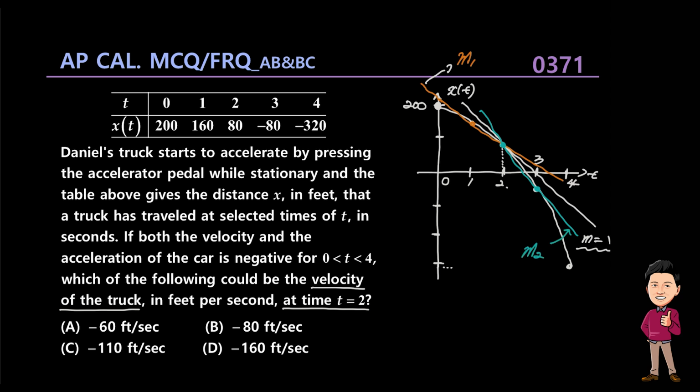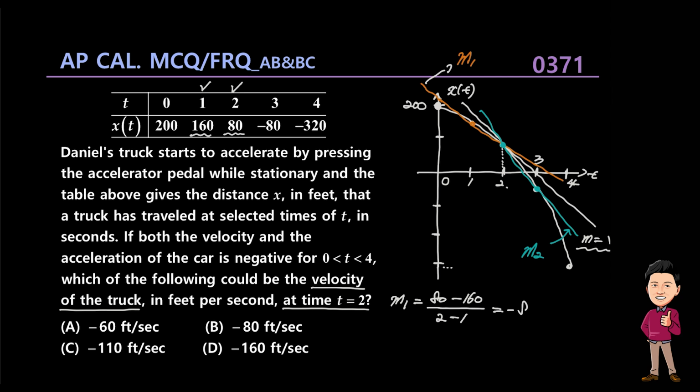So let's find the slope of this first line that passes through these two points. That's m1. So m1 is equal to y2 minus y1 over x2 minus x1, that's negative 80 minus 160 over 2 minus 1.